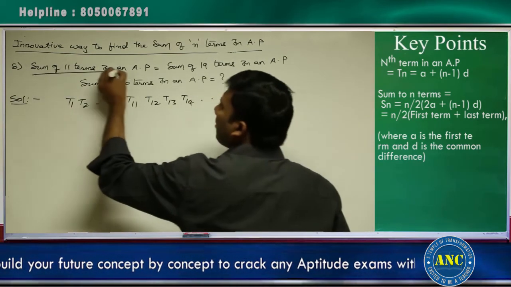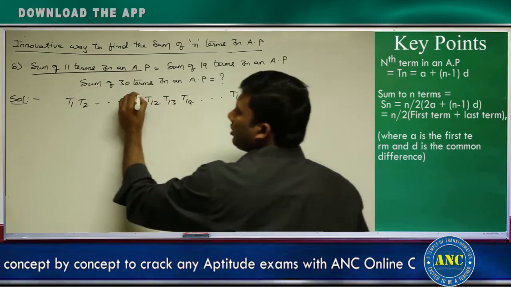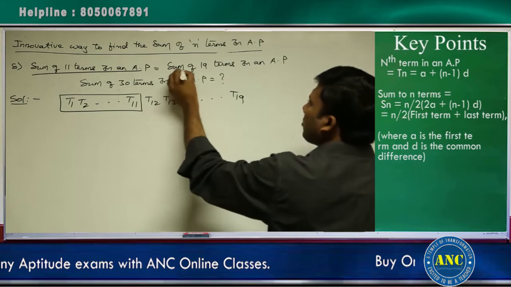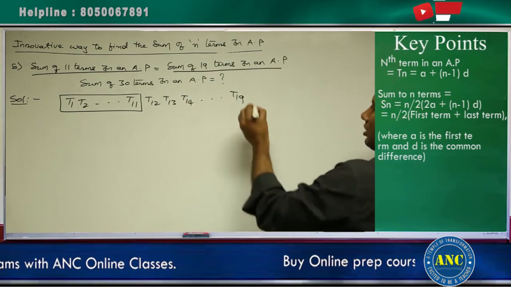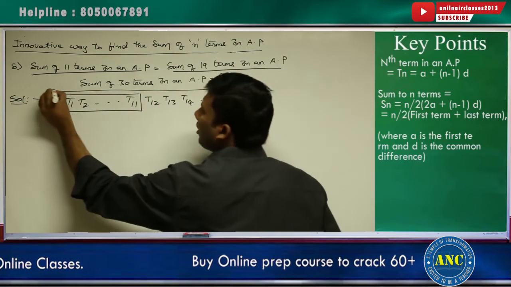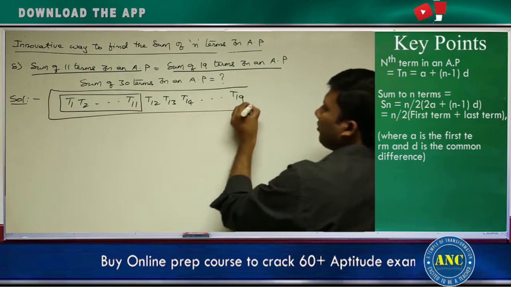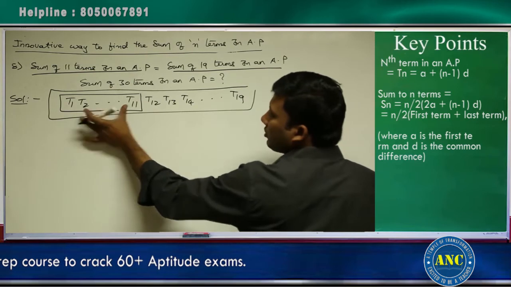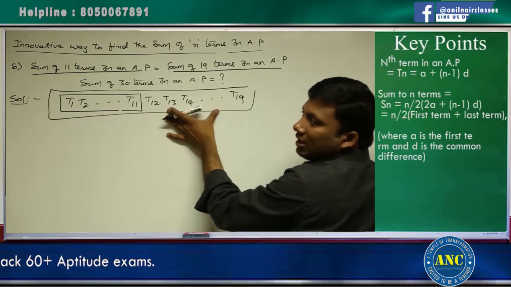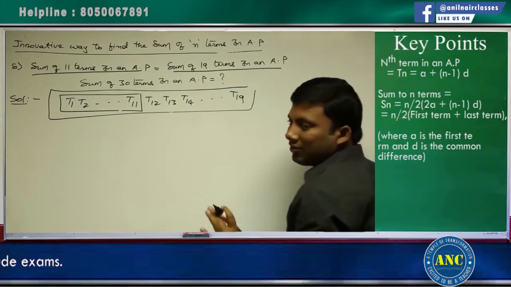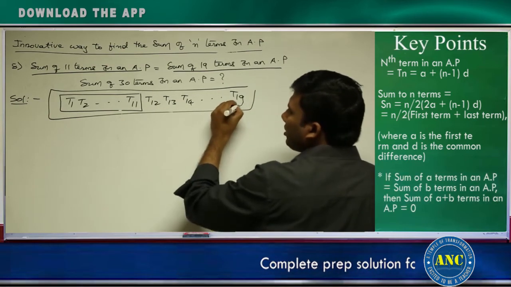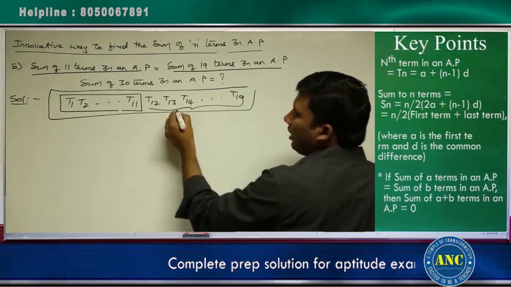The entire sum of these 11 terms is equivalent to the entire sum of these 19 terms. The sum of the first 11 terms and the sum of the next 8 terms will become the total sum of 19 terms. But the sum of 11 terms is equivalent to the sum of 19 terms.